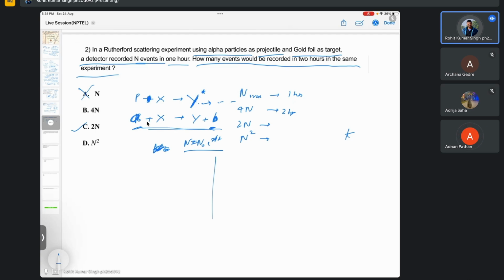See, in radioactive decay, you have some nucleus sitting somewhere, and because it's unstable, it keeps emitting particles. But here you have gold, and first of all, the gold nucleus is stable, so it won't decay, right?